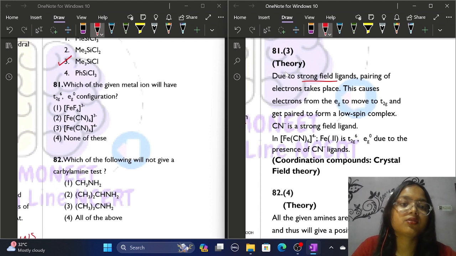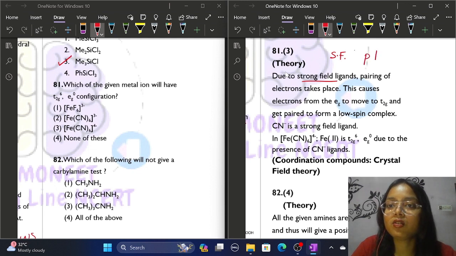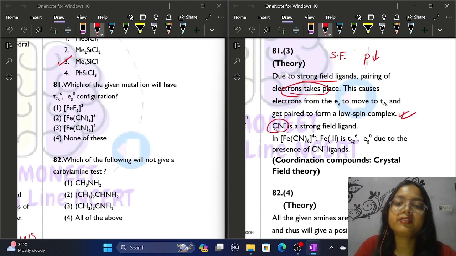Okay. So, the strong field ligands, what does it do? In strong field ligands, the pairing energy is low. Therefore, what happens? The pairing of electrons takes place. So what will happen? The electrons from the eg move to t2g and get paired to form a low spin complex.